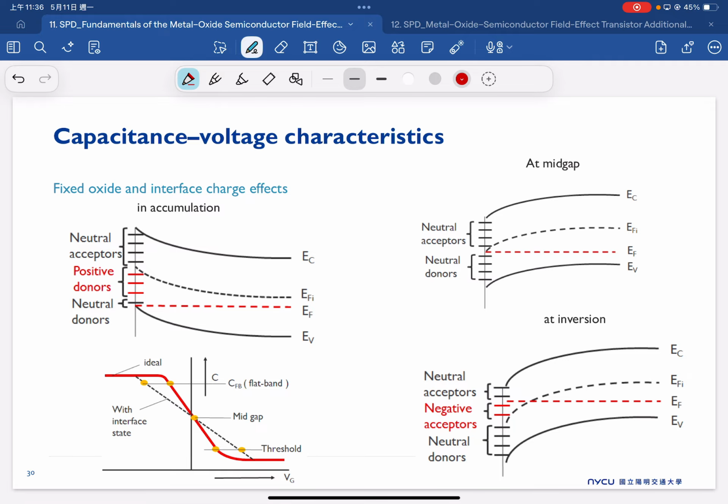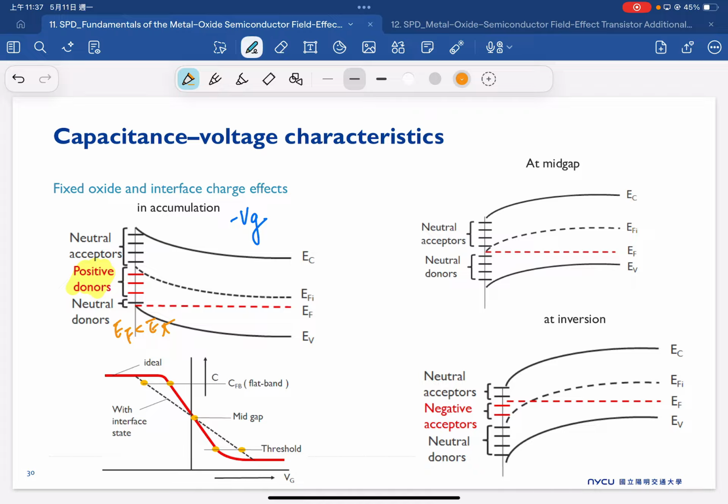We can also use this as an additional consideration. We can use a band diagram to understand as well. So this is a case, for example, under minus VG, this is minus VG, then you start to see these positive donors influence. This is a case where the Fermi level is below our trap state, EF smaller than ET.